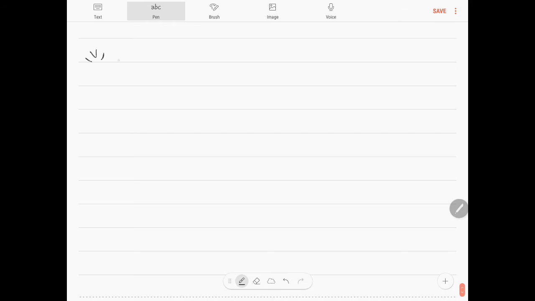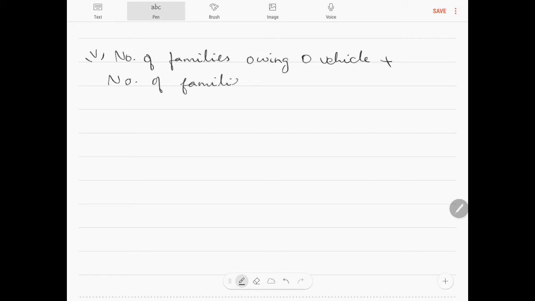Problem number 5. Owning not more than one vehicle. So the number of families owning 0 vehicles plus the number of families owning 1 vehicle.